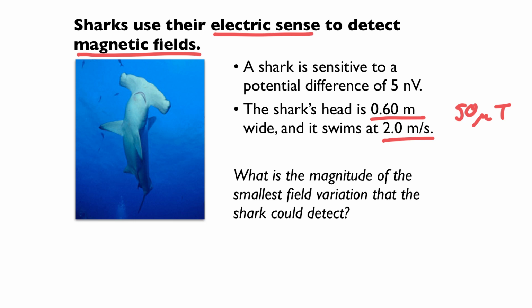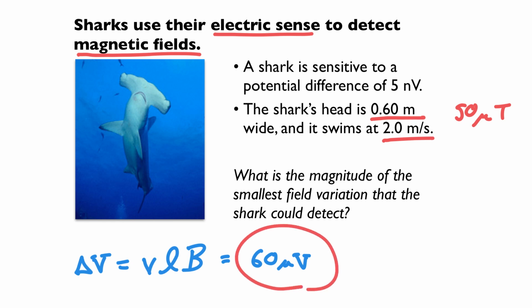As the shark moves, it's going to develop a potential difference across its head, and the magnitude of the potential difference is the speed the shark swims at times the length of the head times the value of the magnetic field. For a typical value of the Earth's magnetic field, this gives us a difference in potential of 60 microvolts. The shark is easily able to detect the Earth's magnetic field because the shark can sense a potential difference of 5 nanovolts.